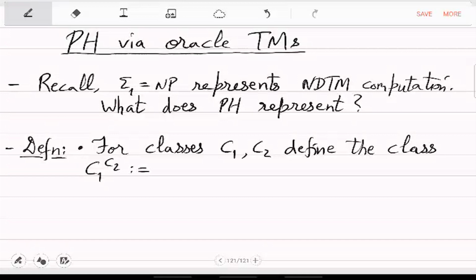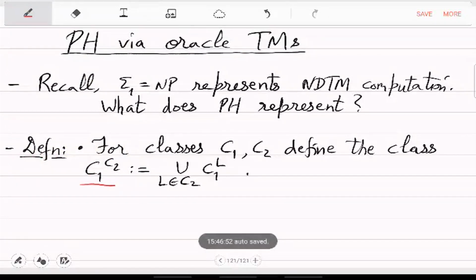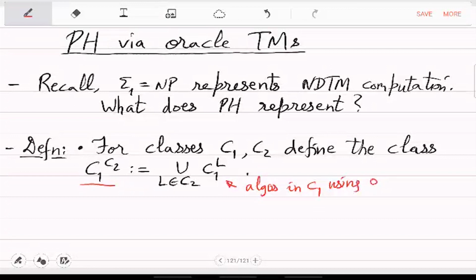So algorithms for C1 have this extra power now to call subroutines for problems in C2. So it's the union of C1 to L for all problems L in C2. Okay, so this is: L goes in C1 using oracle L.